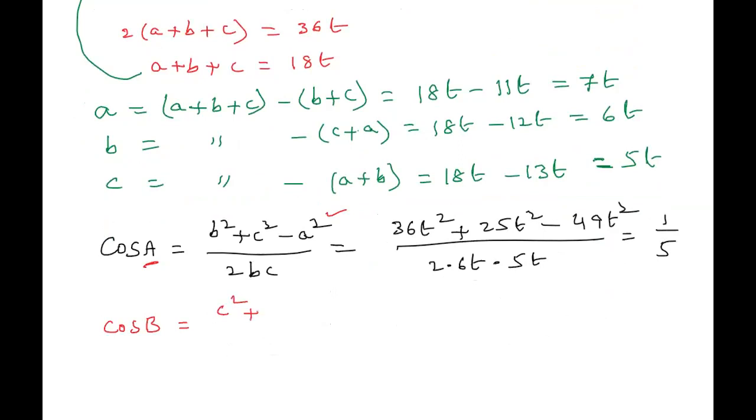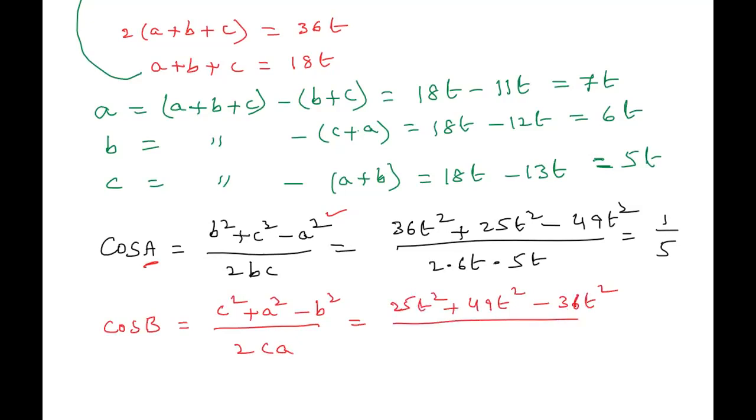C² + A² - B². The positive terms in the numerator come in the denominator, C and A. Substituting the values, C² means 25T² plus 49T² minus 36T². Denominator: 2, C means 5T, A means 7T. Do the calculation. Finally, you'll get 19/35.